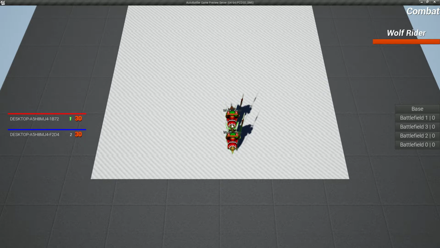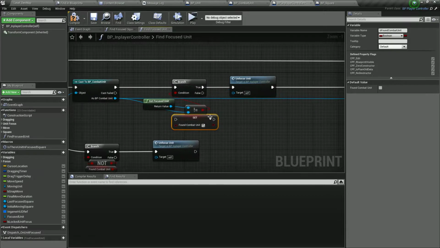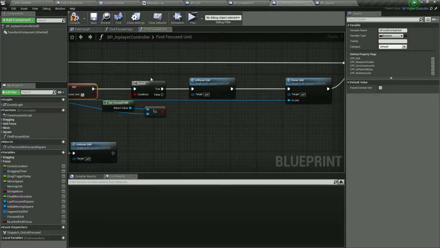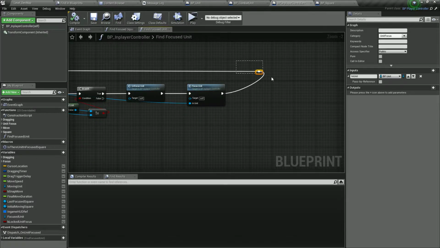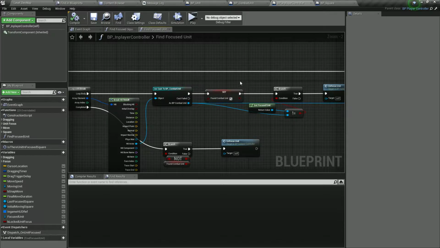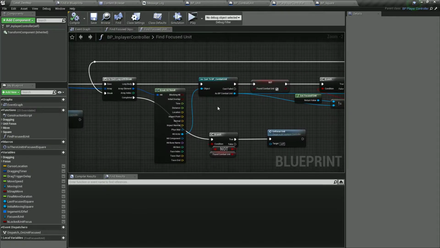So it still happens. Yeah, and it blinks because we need to be triggering this all the time. So the problem doesn't come from when we do this. Yeah, of course.